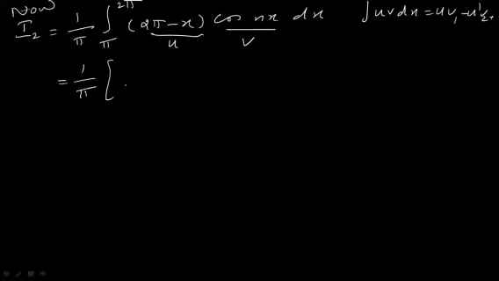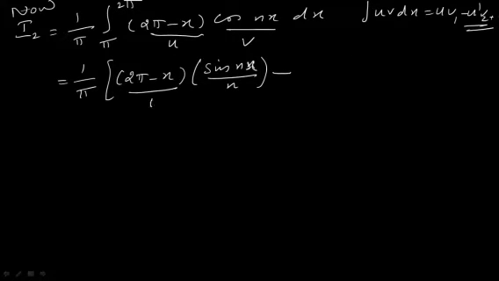So 1 by pi, u is nothing but 2 pi minus x, and v1, that is integrating cos nx, you get sin nx divided by n. uv1 minus u dash v2. This is your u, this is your v1. U dash is nothing but you are going to differentiate this.